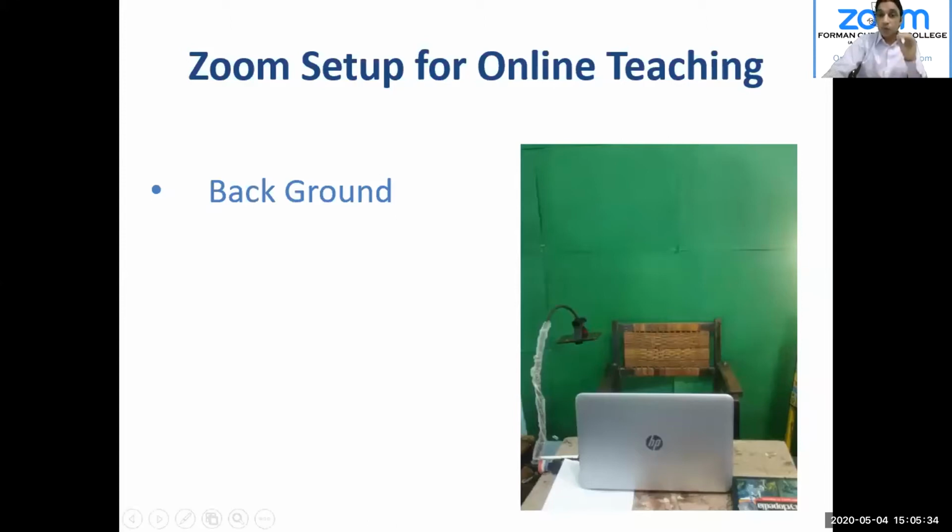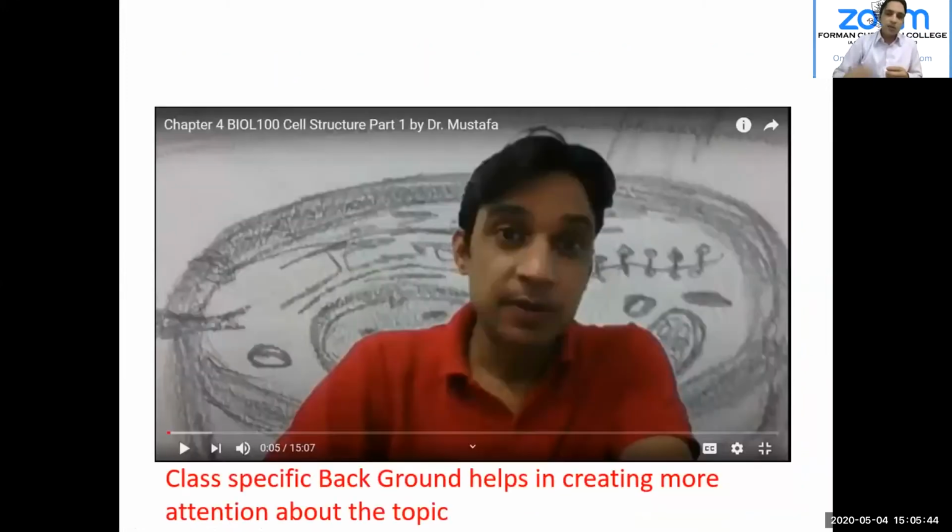I also used to try to create specific backgrounds for individual classes. It gives a sense that our teacher is associated specifically with our class, talking particularly to us. For example, this is one of the Balaji 100 backgrounds, which you can see right now.